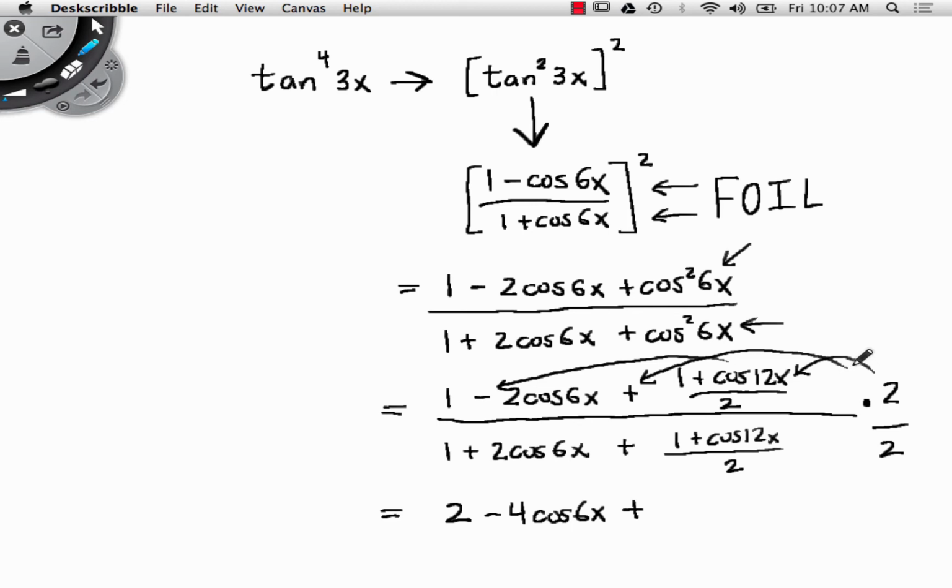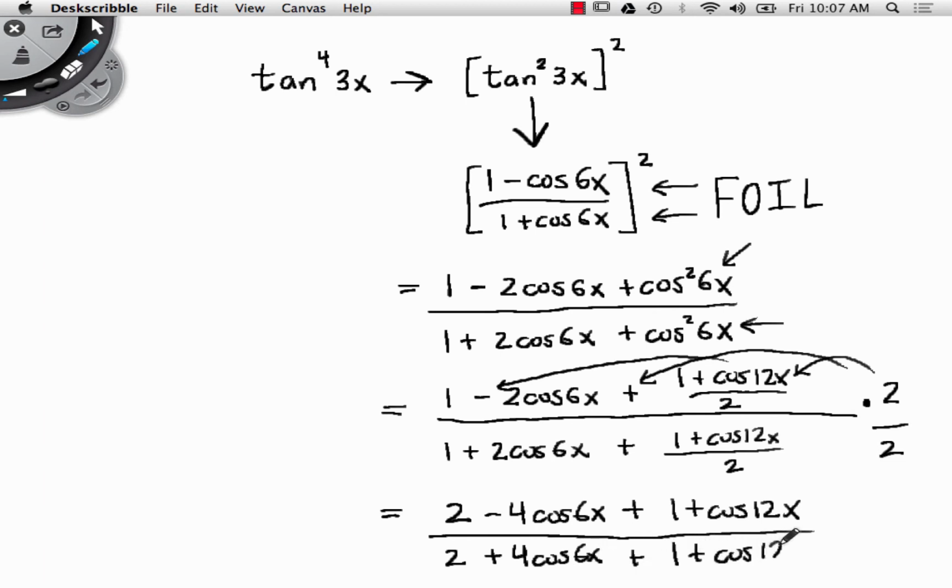Plus, and this is the whole reason why I did it, 2 times this is 1 plus cosine 12x. All over 2 plus 4 cosine 6x plus 1 plus cosine 12x. Is there anything left in the numerator that can be combined as a like term? 2 and 1, as in the denominator. So now we're ready for our final answer.